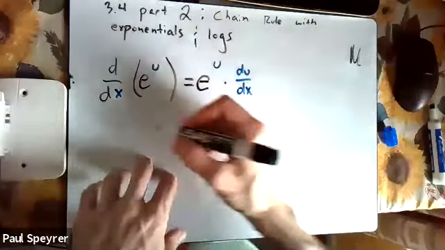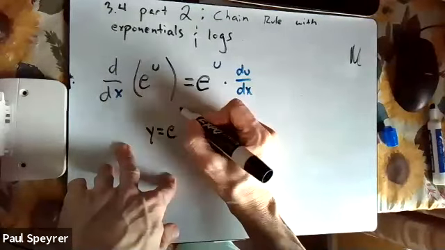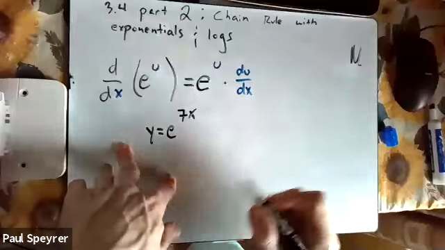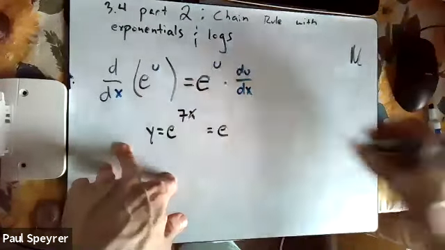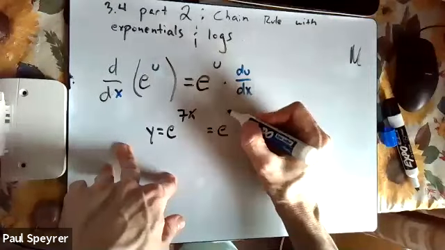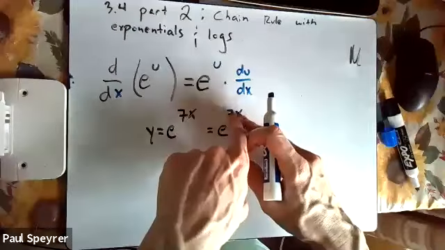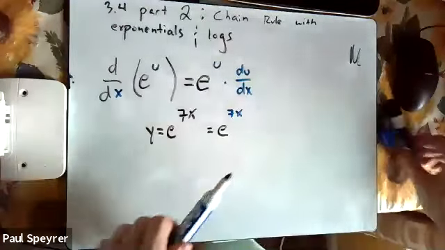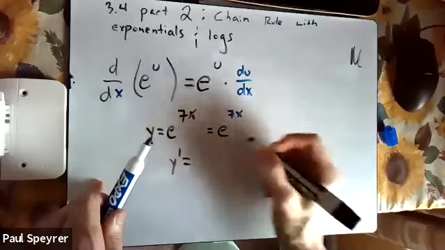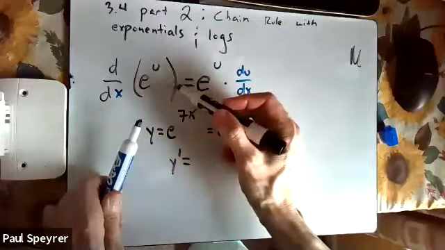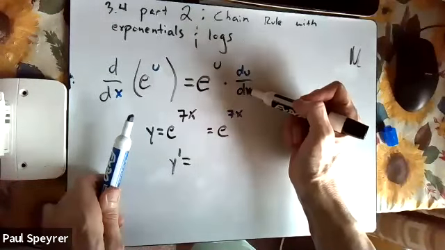How does that work? Let's say we have y equals e to the 7x, for example. Again, two different functions, algebra trapped inside the exponential. If we want y prime, well, if we follow this formula, what does it say? The derivative of e to the u is e to the u times du dx.